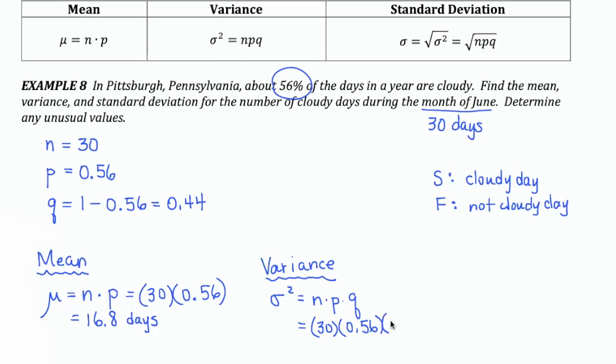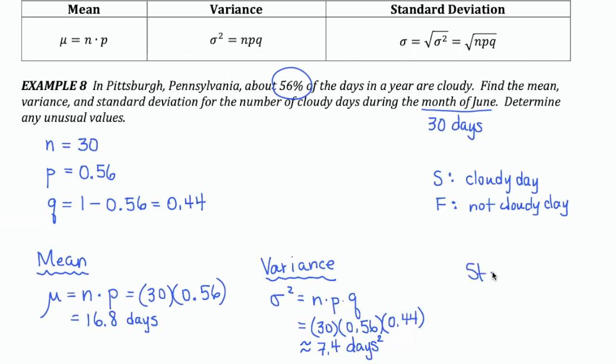And now I just need to take that number and multiply it by 0.44. And that'll give me approximately 7.4. But keep in mind, because variance is always measured in square units, this is technically days squared. This is why we don't like variance as a measure of how spread out the data is from the mean, because it's in square units.